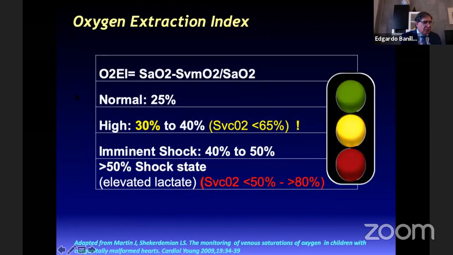The analysis of central venous saturation and oxygen extraction index determines the adequacy of tissue oxygenation. Normal value 25%, high 30 to 40%, imminent shock 40 to 50%, over 50% shock state. We have to act early to avoid major complications.